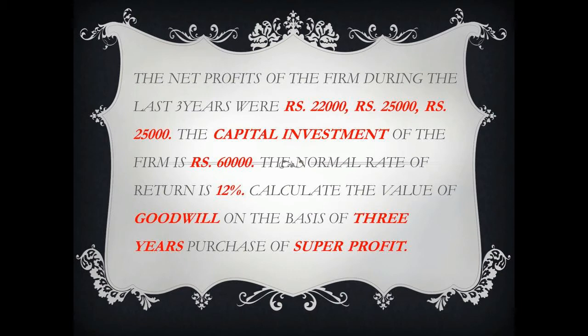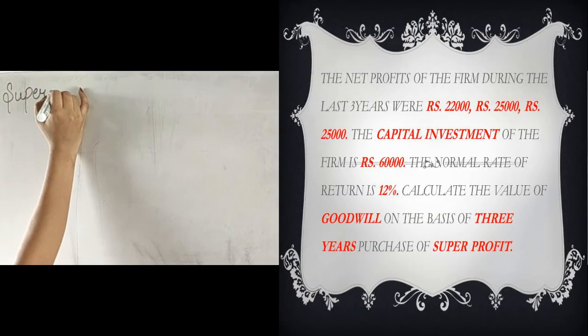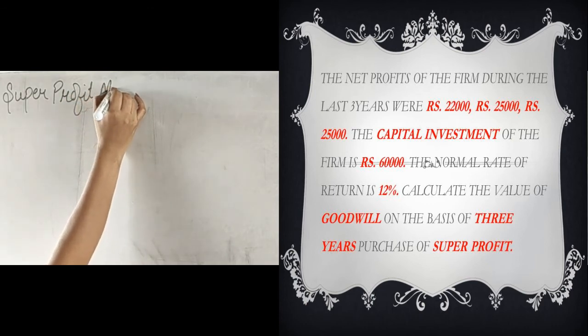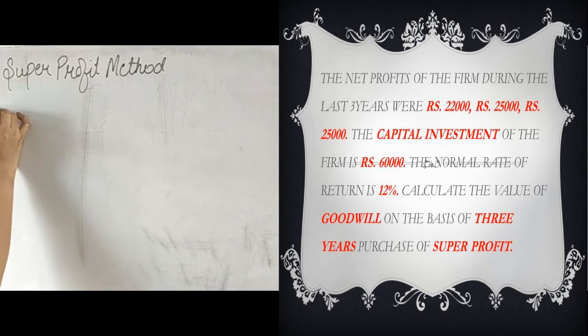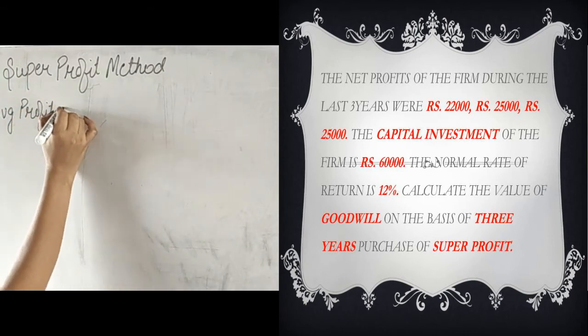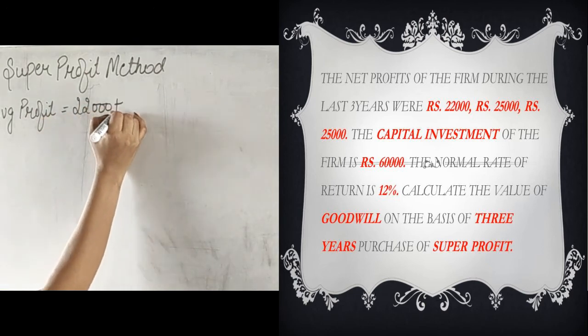Now, start the answer. First, you can see that capital investment of the firm is mentioned, rupees 60,000. Capital investment is known as average capital employed. So that's why we skip the first step. Now calculate the actual profit. Actual profit is known as average profit.